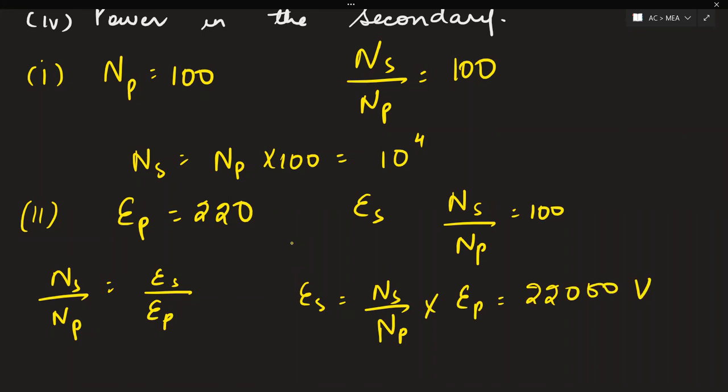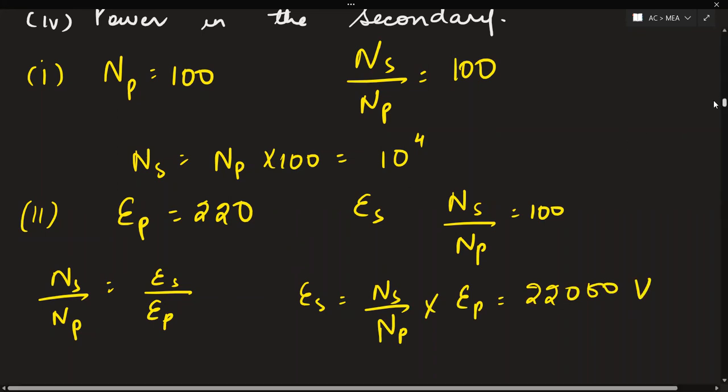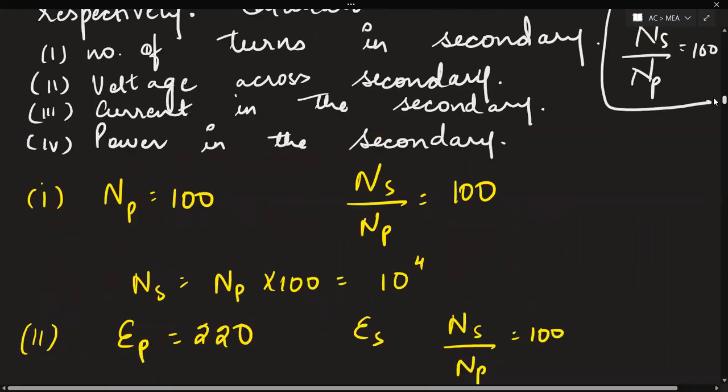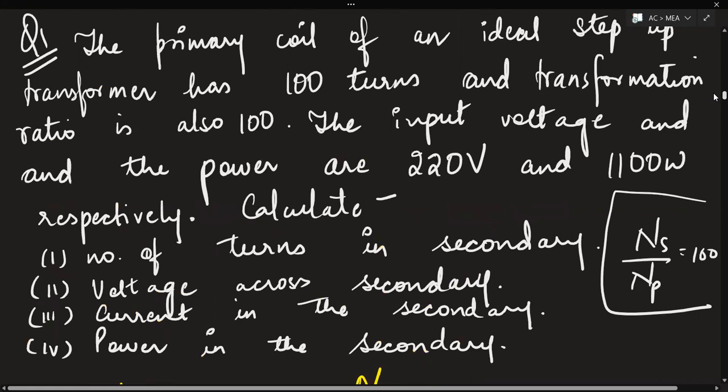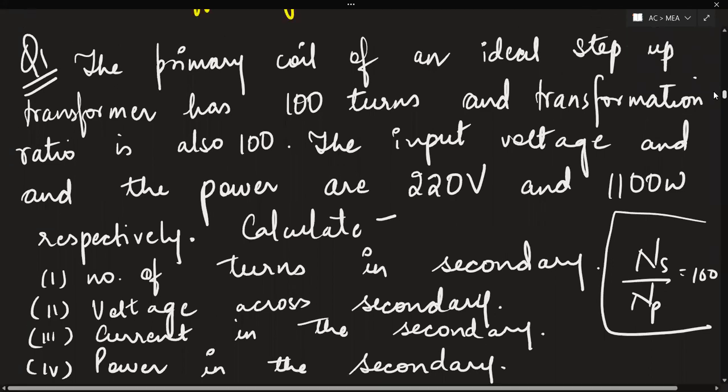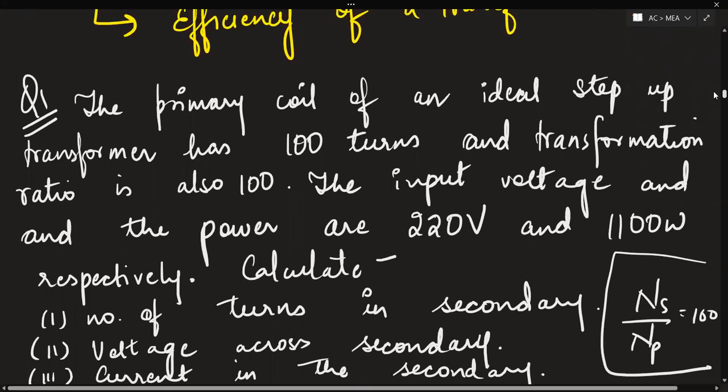This much volt. The third part says current in the secondary. Current in the primary has not been given. See, we have to first calculate the primary one.